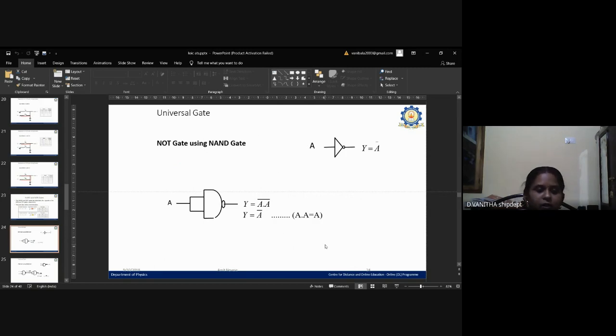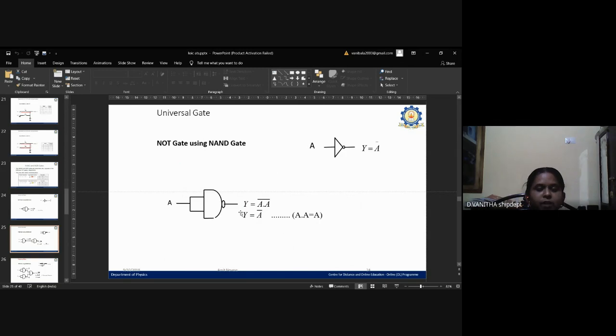We take only one NAND gate, where the inputs are combined together and taken as one input. So we get the output y equal to a dash. This will be the output of the NOT gate.